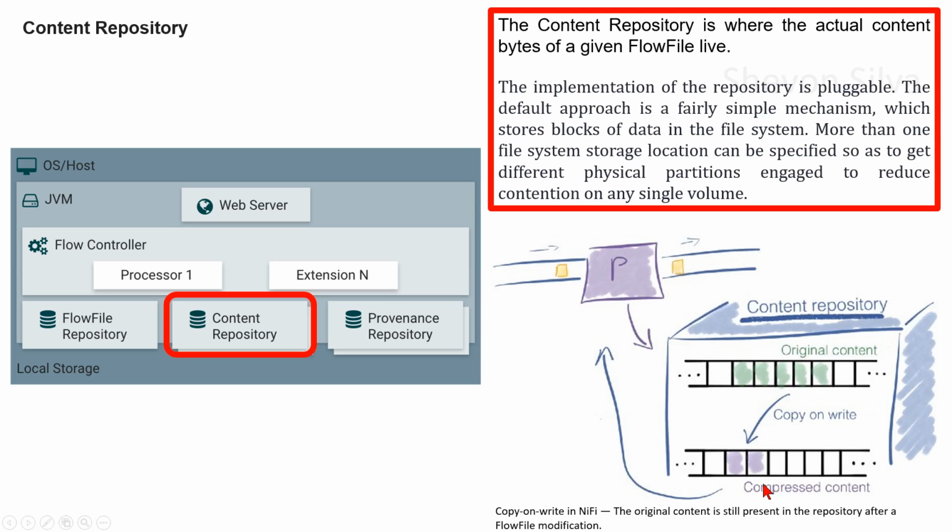The content repository finally returns a reference to the compressed content, and the flow file is updated to point to the compressed data. This drawing sums up the example with the processor that compresses the content of the flow file.